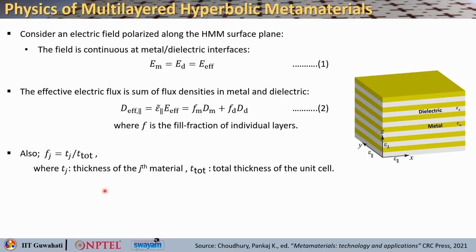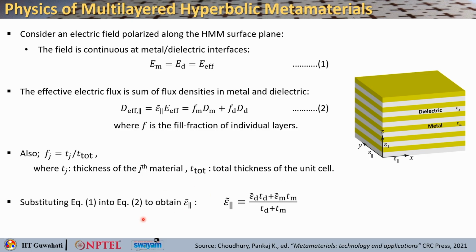But typically it is given like this, that Fj will be simply Tj divided by T tot. Tj is basically the thickness of the jth material and T tot is the total thickness of the unit cell. Here the unit cell is basically one metal layer plus one dielectric layer thickness. So now you substitute equation 1 into equation 2 and you can see how this looks.